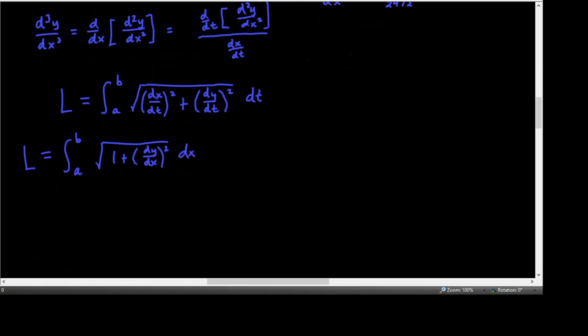And if I were to take this formula and try to create a formula in terms of t, I would need to introduce some things to turn this into an integral in terms of t.